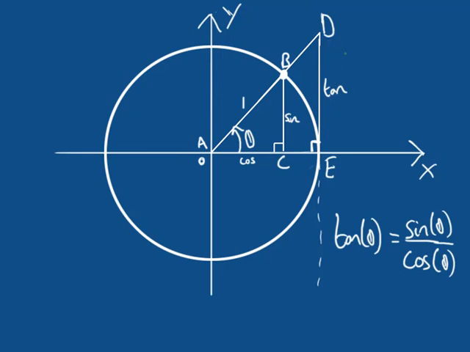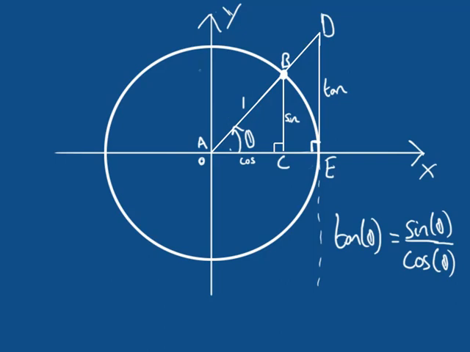They need to form a triangle, but they're parallel. They're never going to intersect. And what that means is that this edge, ED, becomes infinitely long. It doesn't matter how far it travels, it'll never form a triangle. What we know from this, therefore, is that the tan of 90 degrees, or pi over 2 radians, is infinity.